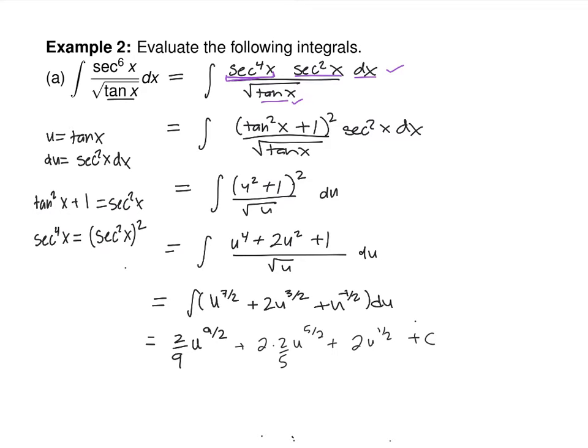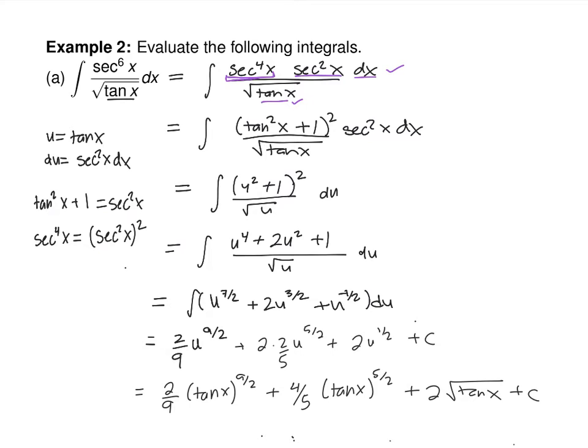And now we'll just insert what our u was, and we have 2 ninths tangent of x to the 9 halves power plus 4 fifths tangent of x to the 5 halves power plus 2 square root tangent of x plus c.